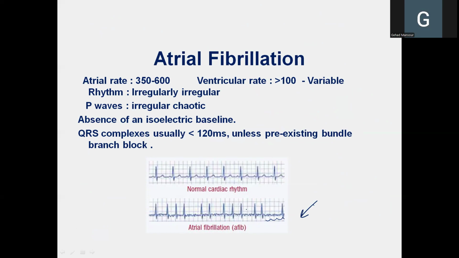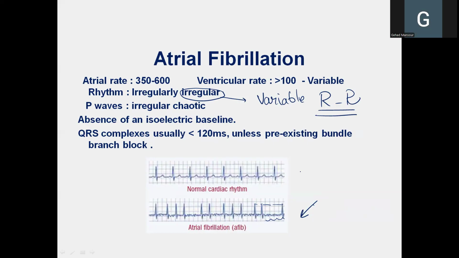The rhythm is irregular, as you can see, it's easily detected, and it is irregularly irregular, meaning that every RR interval differs in length from the other RR interval. So how can we know that the rhythm is irregular? By having variable durations of the RR intervals. And as you can see, it's chaotic.